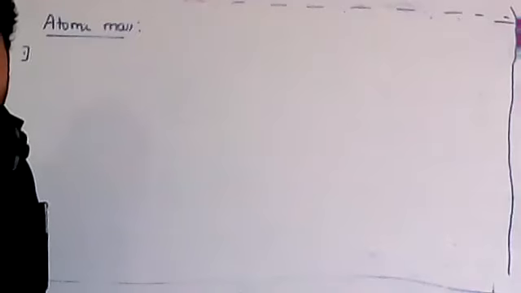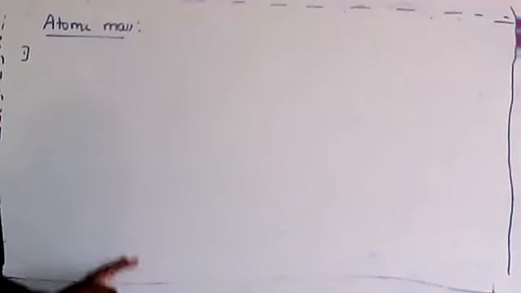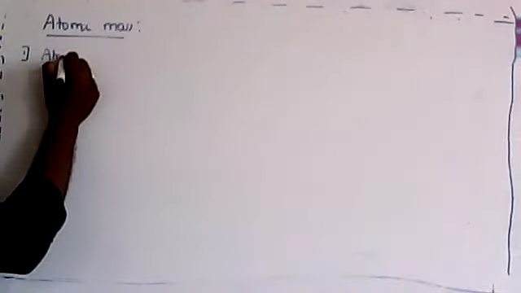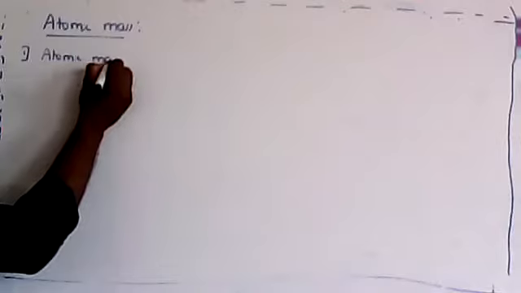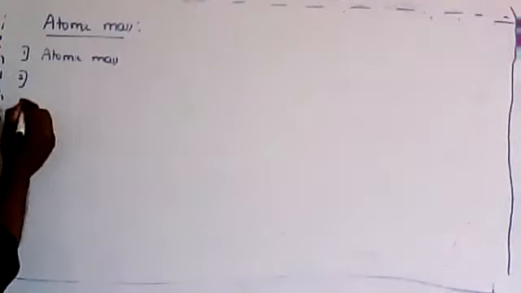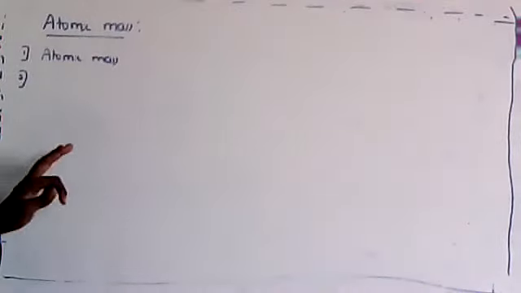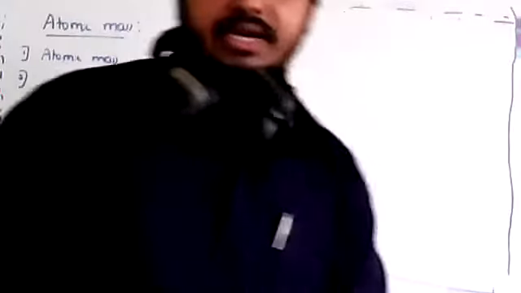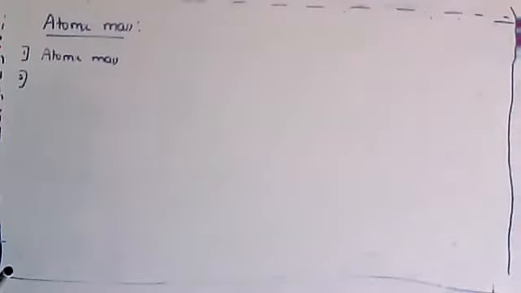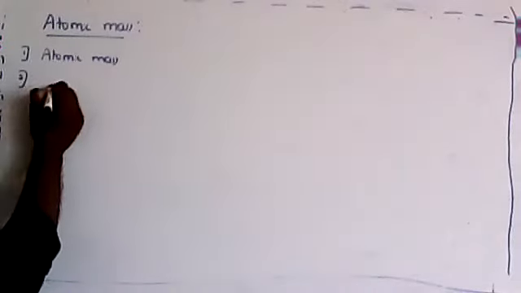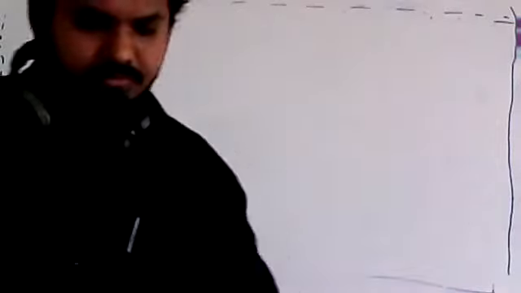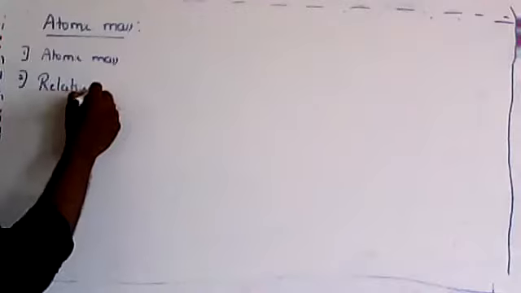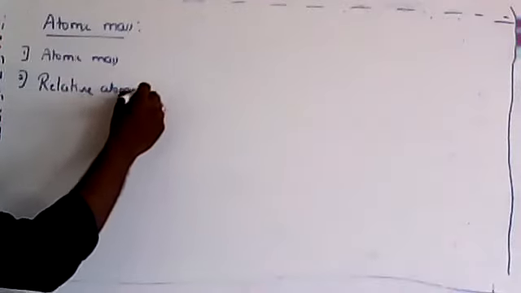So here, dear students, we have to learn about atomic masses. First of all, we must learn about the actual mass of an atom. Second, we have to understand the relative atomic mass.